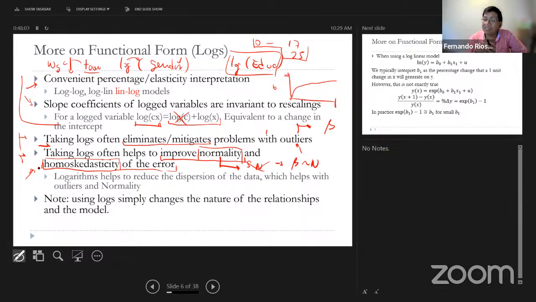So in those scenarios, compressing the data, as you think in terms of music, for example, is more important because it will give you a better representation of the actual song, even though you might be losing some of the streams. In terms of the data, it might help you get a better idea of what's going on with the conditional means of the data, rather than trying to spend too much time fitting information that explains only the extremes. So that's a very good parallelism of why we might like to introduce logs in the model.